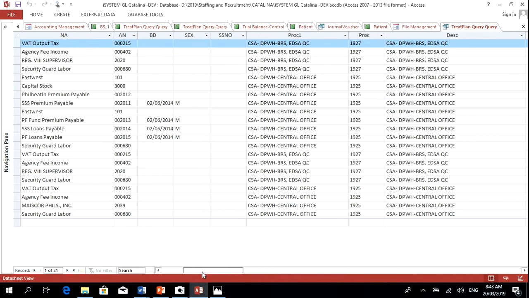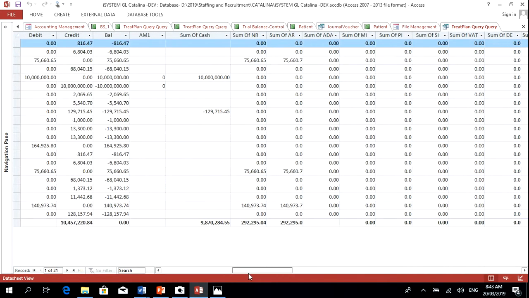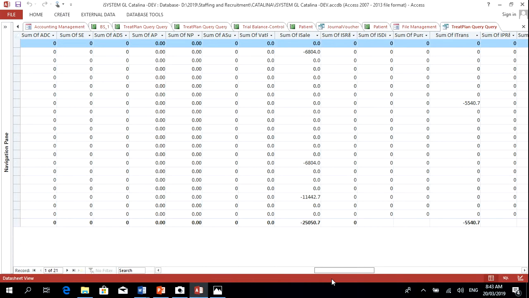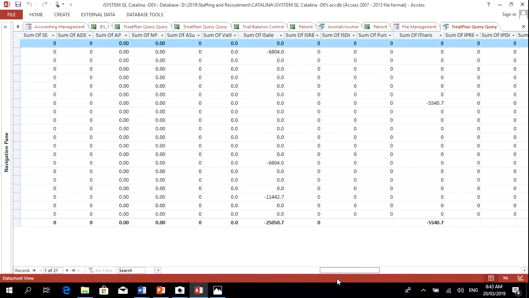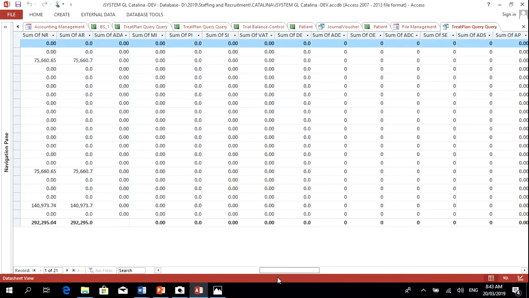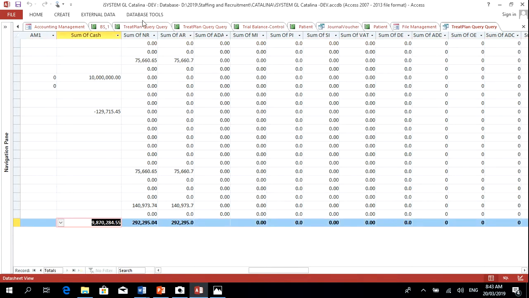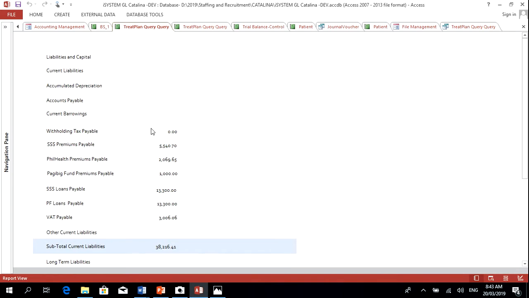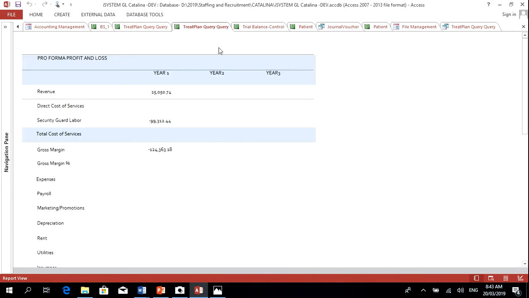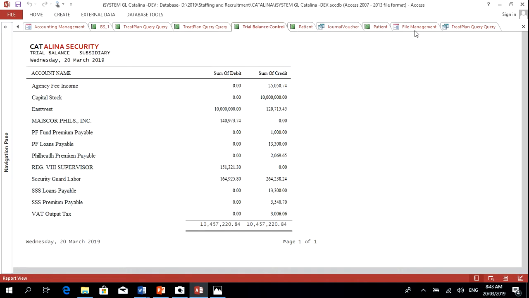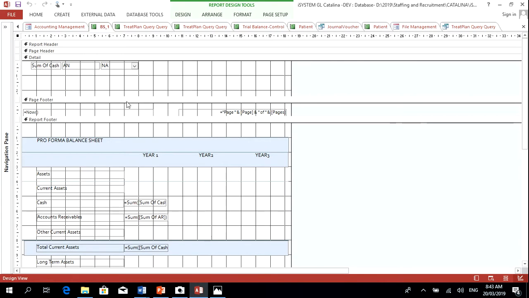So that is where the sum was taken from. That sum came from cash, and it's here. You see that amount? Same amount we're talking about here.